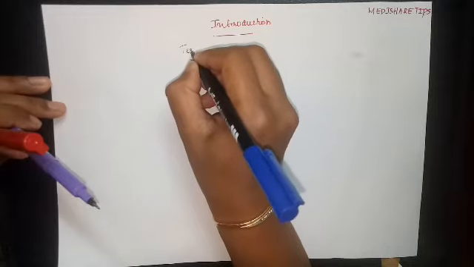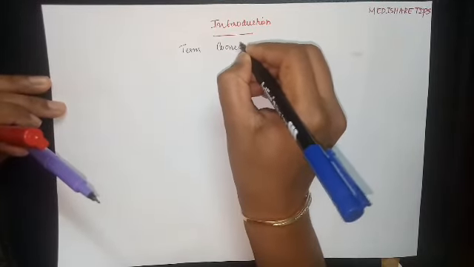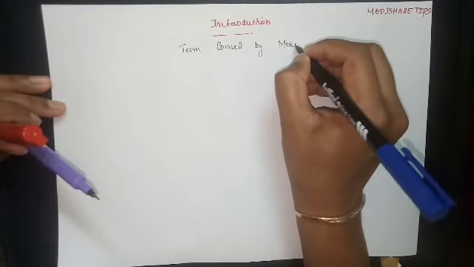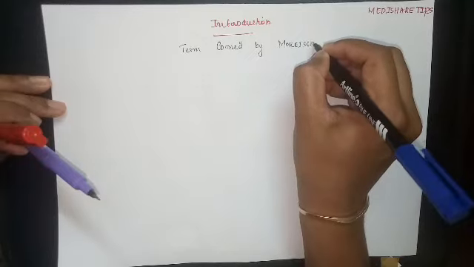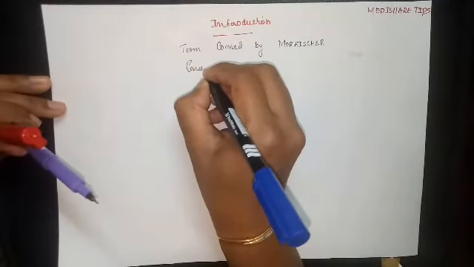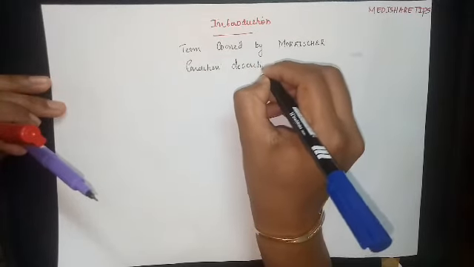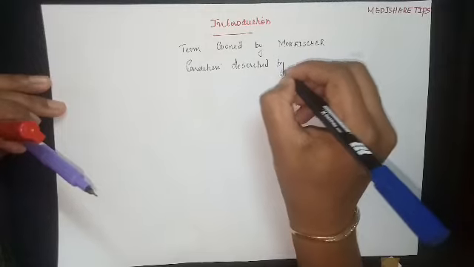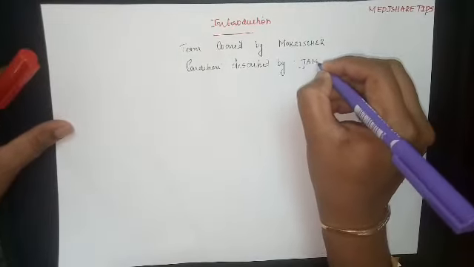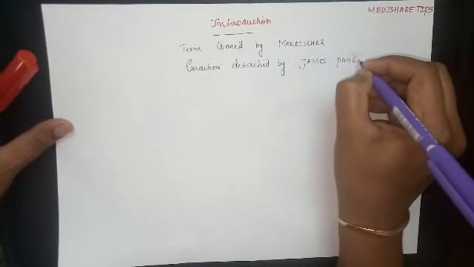The term carpal tunnel syndrome was coined by Maurice, and the condition was first described by James Paget. That was in 1854.